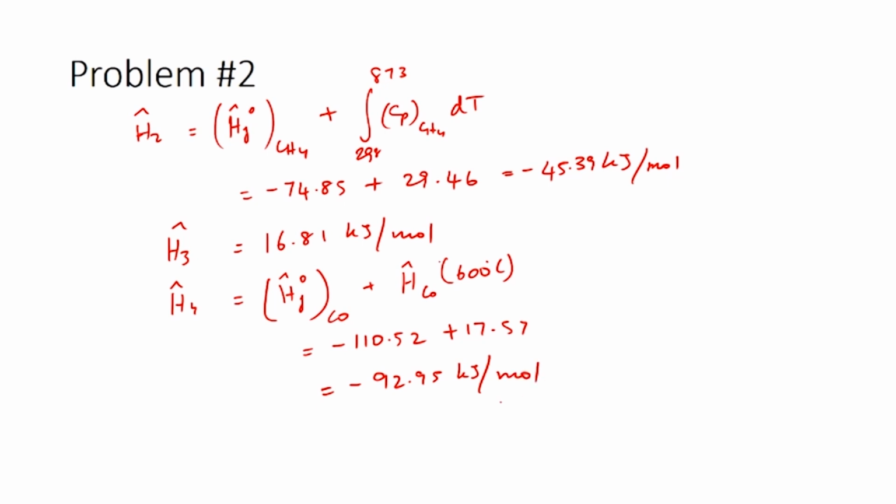So, now we have all the enthalpies and we can fill the enthalpy table. Substituting the values we obtained into the enthalpy table, we would have dimethyl ether, methane, hydrogen and carbon monoxide.